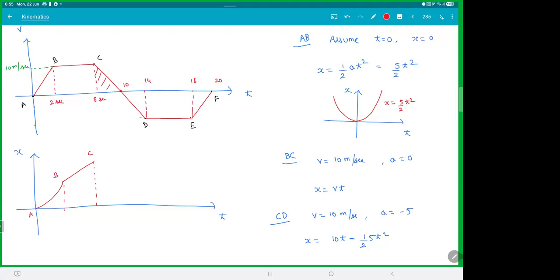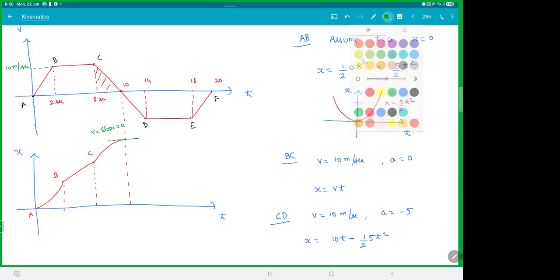In an xt graph, the slope is velocity. So at t is equal to 10 seconds, you're going to take a turn. So the slope must be 0. That is how you know where it is going to turn. So at that point, it is going to take a turn.